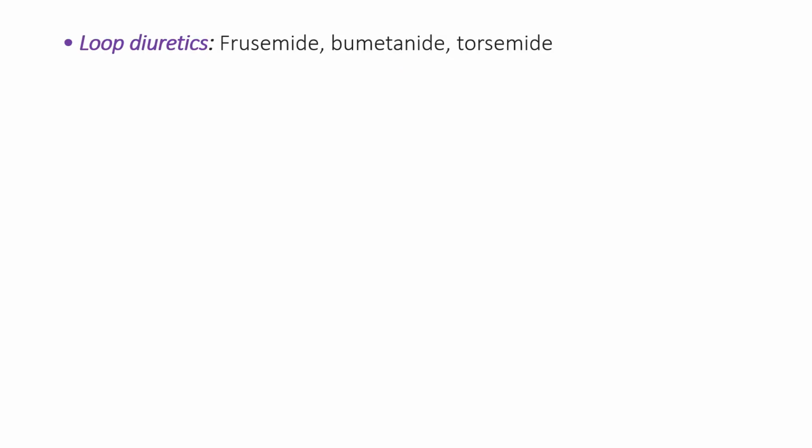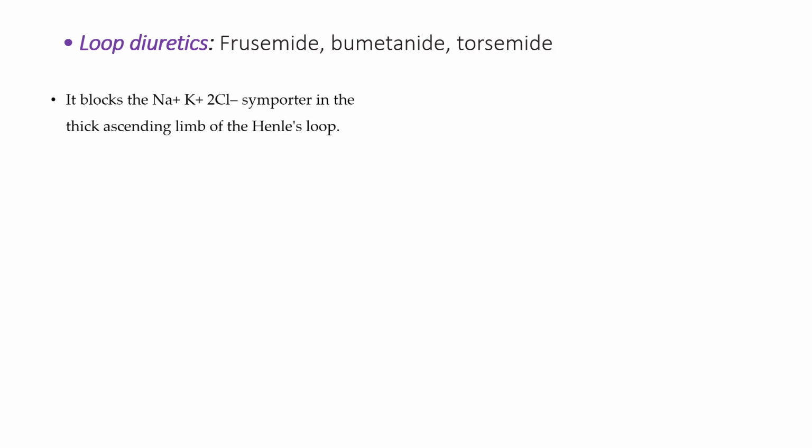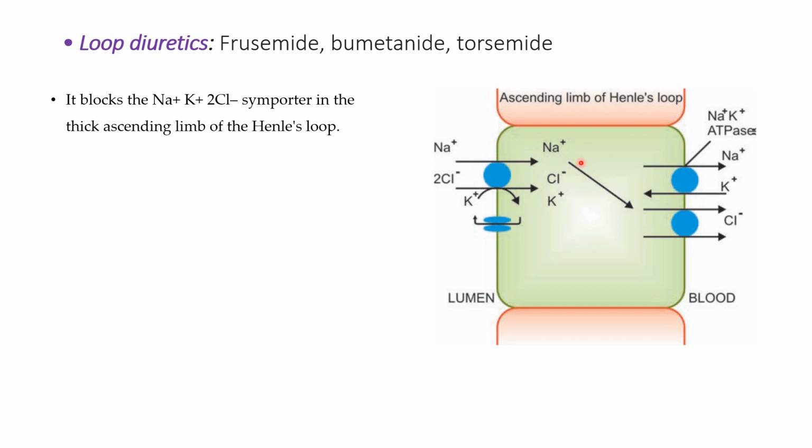Now we'll see the mechanism of action of loop diuretics. Loop diuretics basically block the sodium potassium 2 chloride symporter in the thick ascending limb of the loop of Henle. So this is the loop of Henle. Here the symporter is present, sodium potassium 2 chloride.